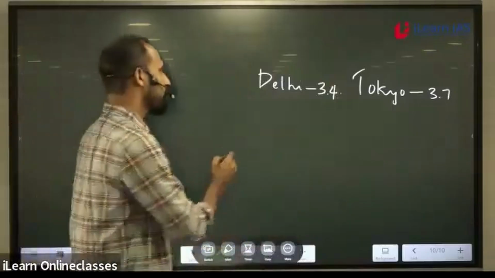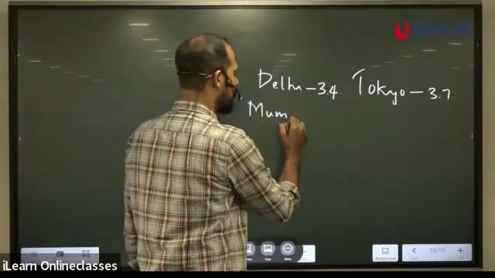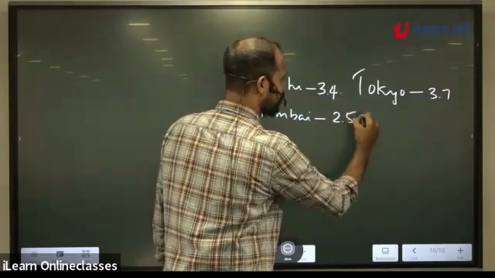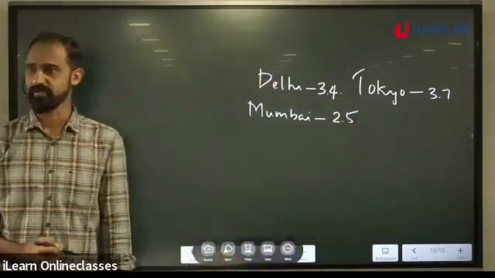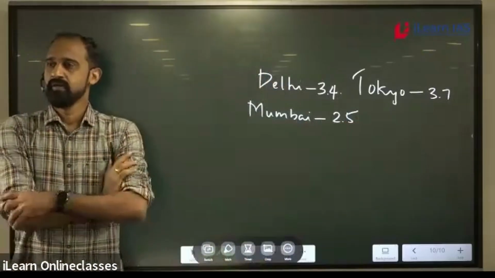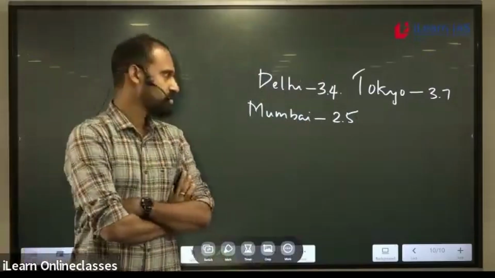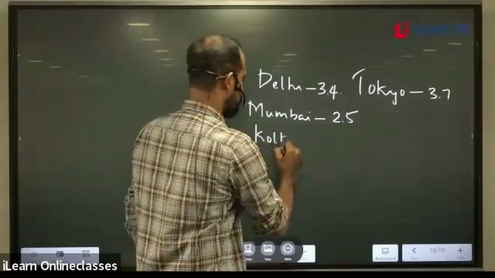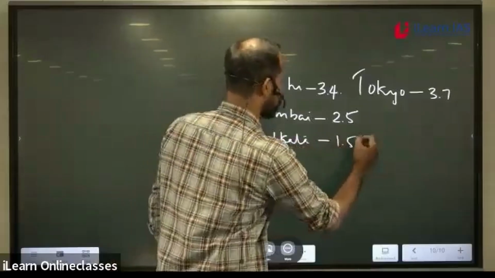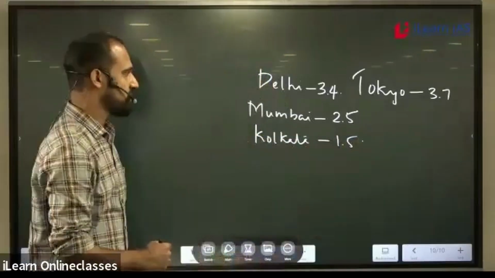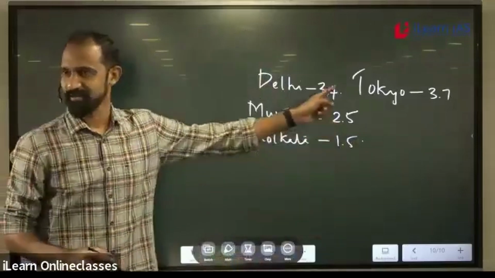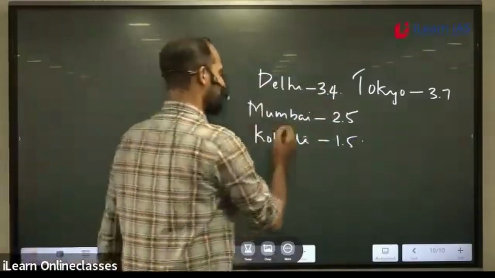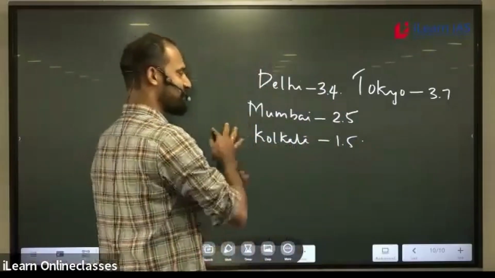Then Mumbai. Mumbai has a population of around 2.5 crore. Then you have Kolkata with around 1.5 crore. So this is slightly on the upper hand side. I have taken the populations which are higher.